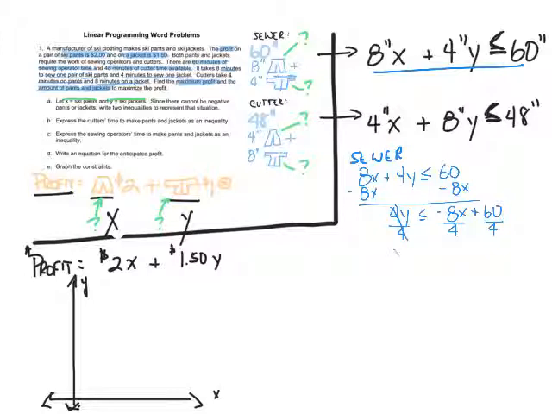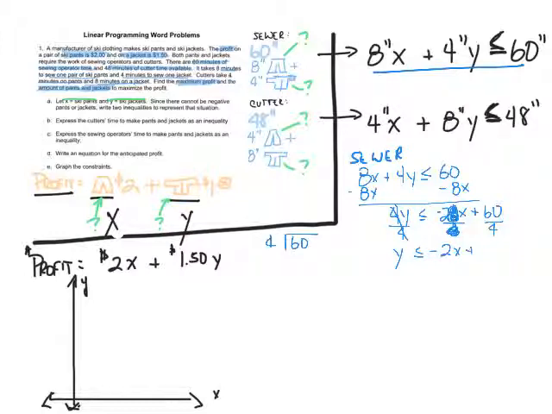So I've got 1y left, and without putting a coefficient out front, that means the 1 is understood, is less than or equal to. 8 can be divided by 4 into 2. So I can lose the 8, and then the 4 becomes 1. So negative 2x plus 60 divided by 4.